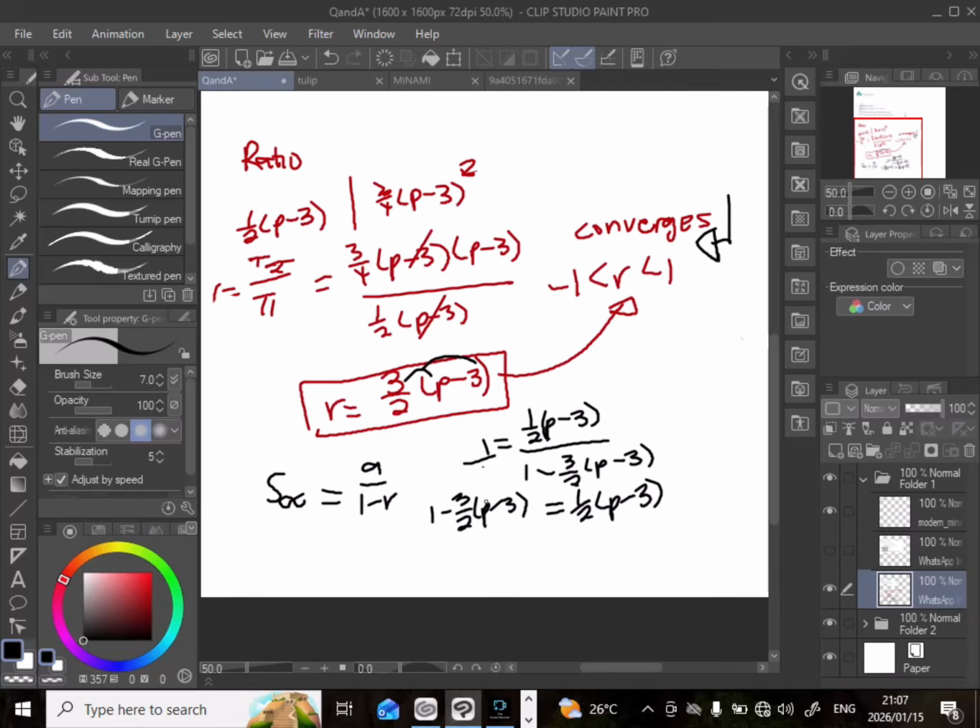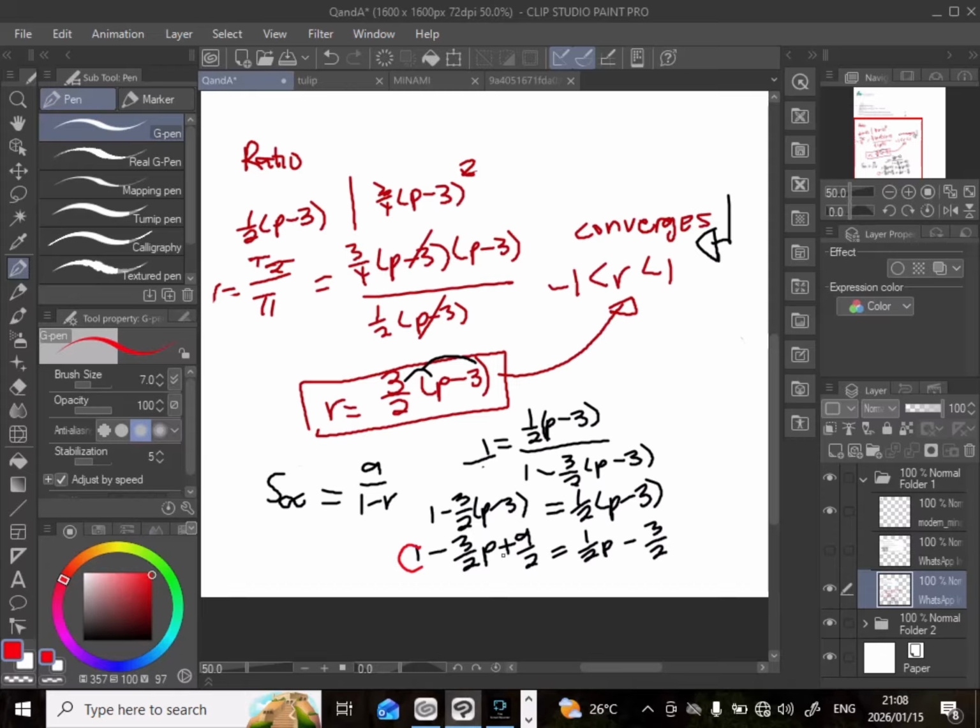Remember now here we just have to factorize those things because we have to solve for p. So it will be 1 minus 3 over 2p plus positive 9 over 2 equals to half p and then minus 3 over 2. So now like terms here that we have, I'm just going to do them in red.